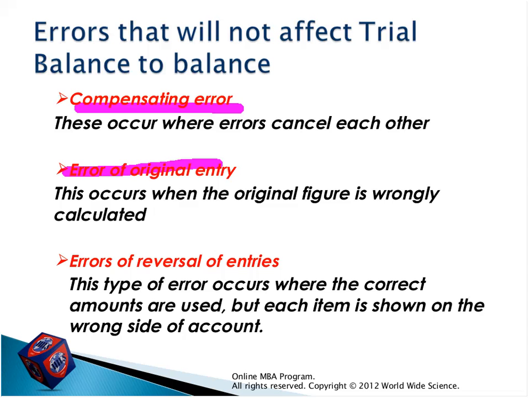Another one, the error of reversal of entry. This type of error occurs where the correct amounts are used, but the item is shown on the wrong side of the account. As I told you, we use the correct amounts and the correct names of accounts, but we put them on the wrong side. This is the main mistake that students make when they try to prepare a trial balance.